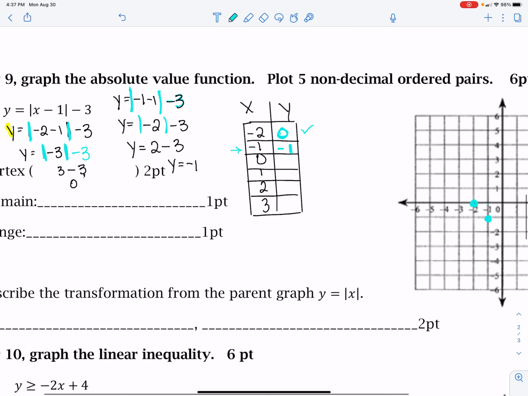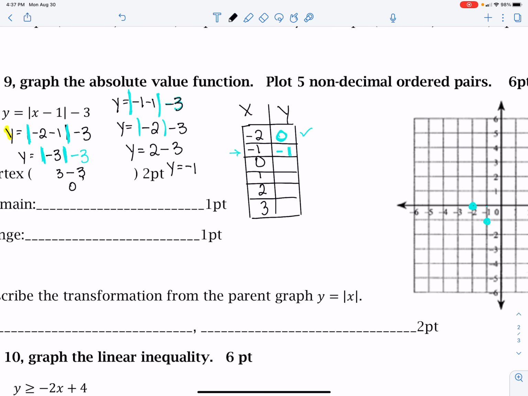Do the same thing with 0. So we've got y equals the absolute value of 0 minus 1 minus 3.